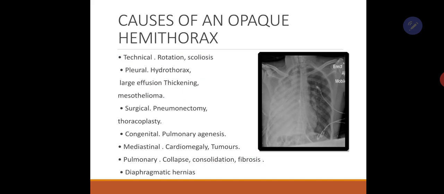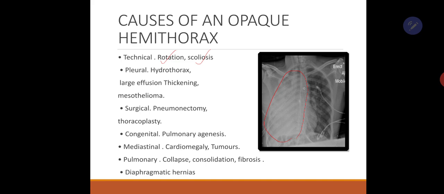Causes of an opaque hemithorax. These are two hemithoraces, and this is an opaque right hemithorax. Technical conditions in which we see it are due to rotation of the film or scoliosis.